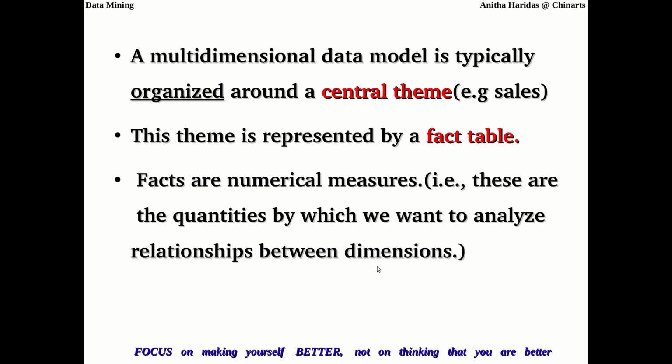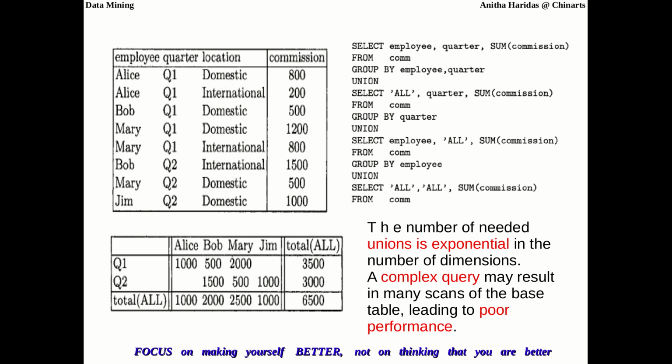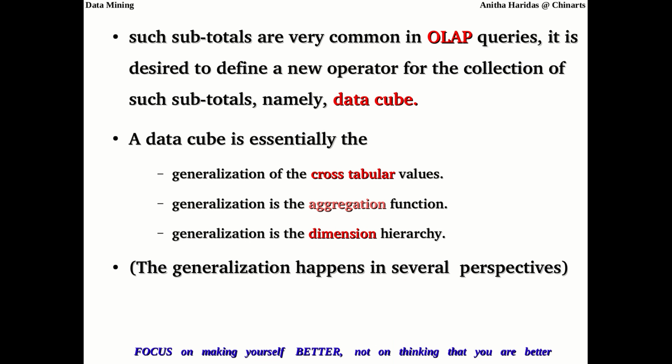What you have to understand here, first point, the data warehouse and the online analytical processing tools require the data only in the multidimensional data model. Why? Because the two-dimensional data model will have a very complex query if you want to have the summarization. So to overcome that difficulty, we go for the data cube model. And the data cube is the easiest way of representing all the generalization information.